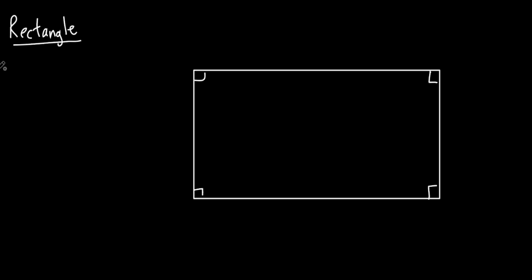So let me give you the definition. It is a parallelogram with four what kind of angles? Right angles. I'll just shorten a lot of my words here, okay? So it's a parallelogram with four right angles.